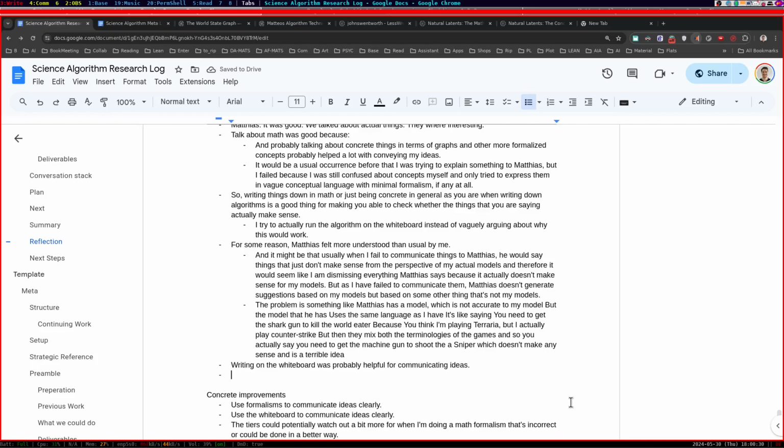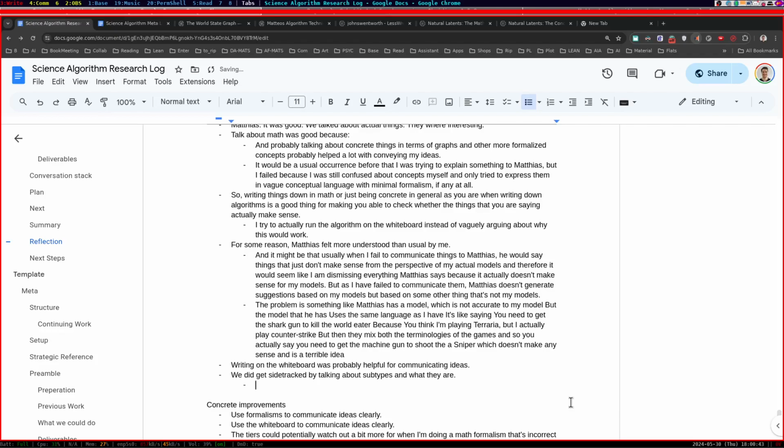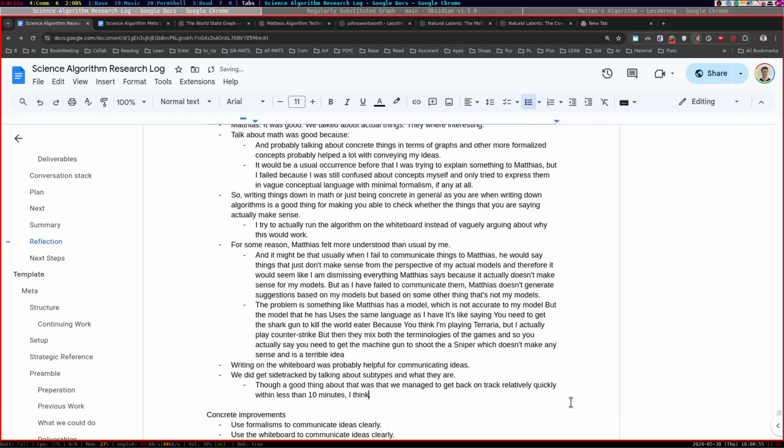We did get sidetracked by talking about subtypes and what they are. A good thing about that was that we managed to get back on track relatively quickly, within less than 10 minutes, definitely less than 15 minutes. And I didn't even take ADHD medication today and still managed to notice that and get back on track, which seems pretty good.